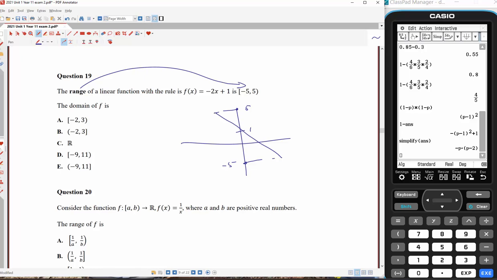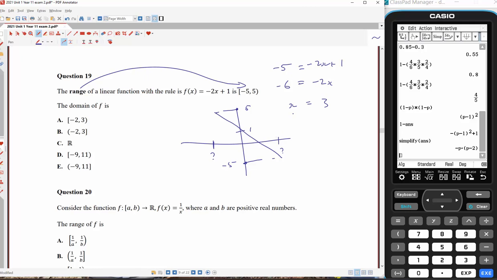So what we basically want to get is the x value there and there. That's going to give us the range. So the best way to do this is to ask f of x a question. Just go, hey, when are you negative 5? That's negative 6 equals negative 2x, x equals 3.